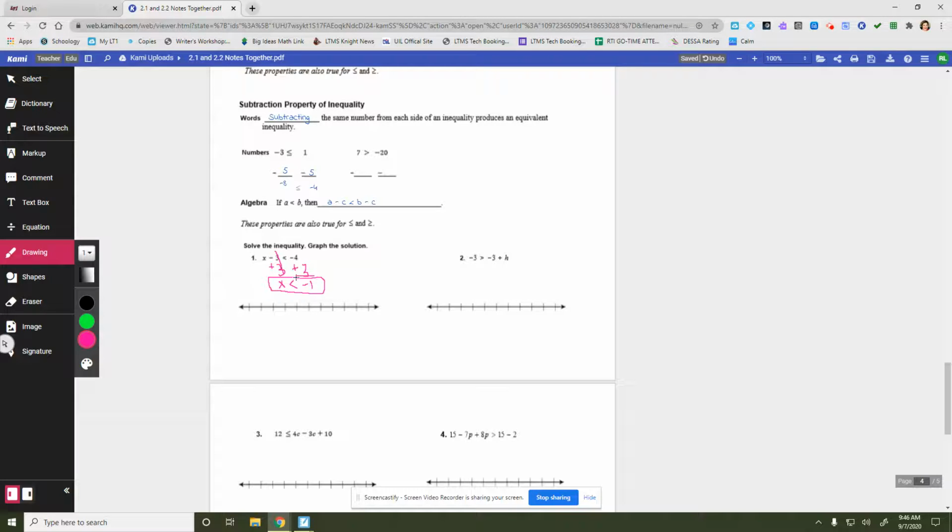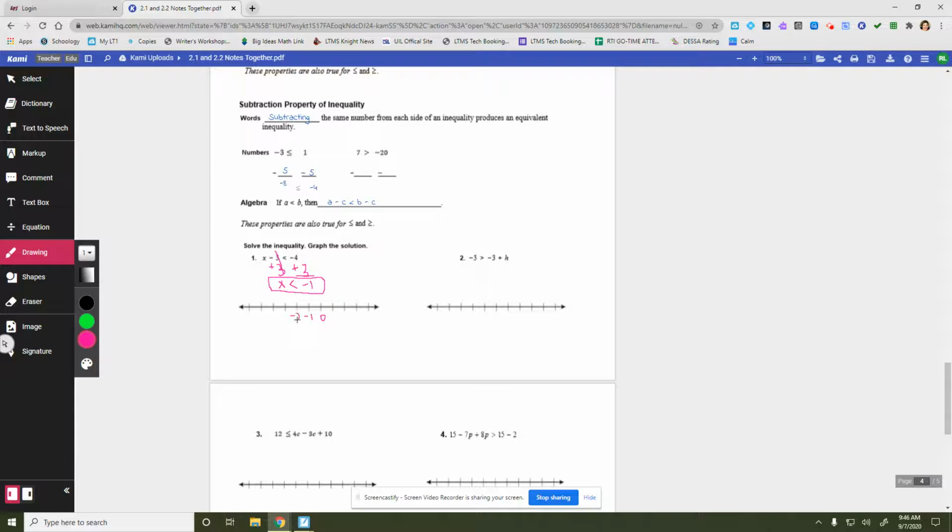So since there's a very large list, in addition to actually finding the solution, we graph our solution quite often, right? So I will look at my boundary number. It's a -1. I want to make sure I have enough room for a -1 here. So maybe I'll put a 0 over here and then make this my -1.